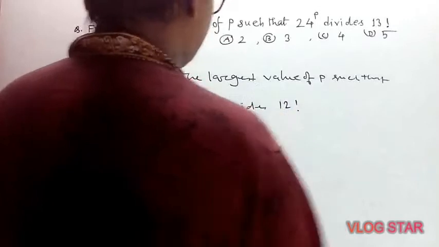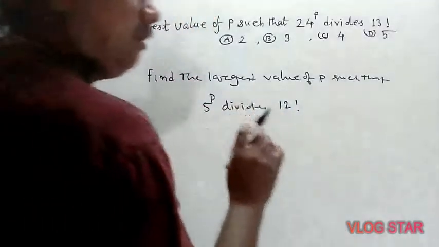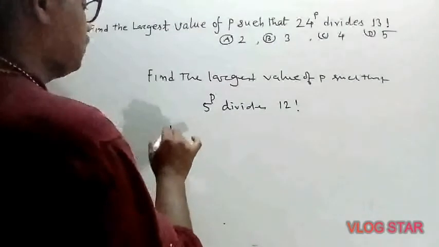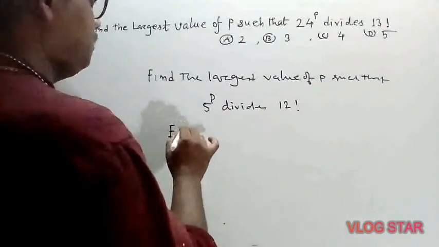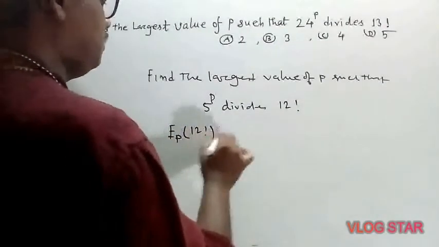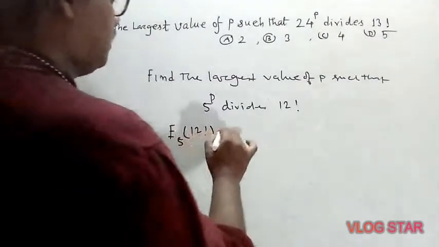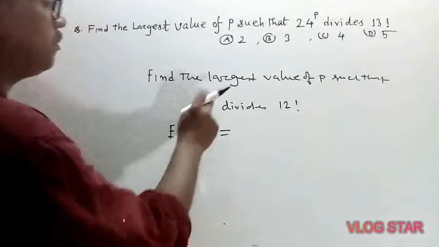Then we will apply the formula, the exponent of p, here exponent of 5 in 12 factorial. This will be the number of p.